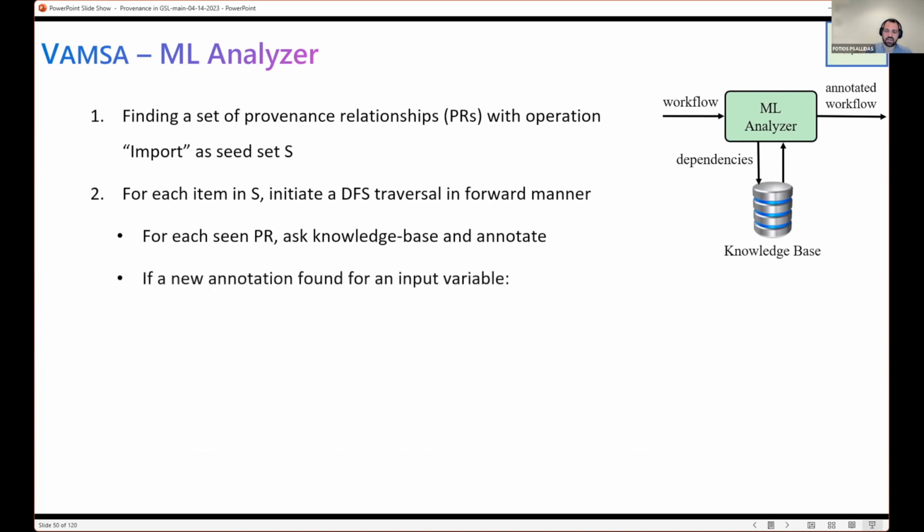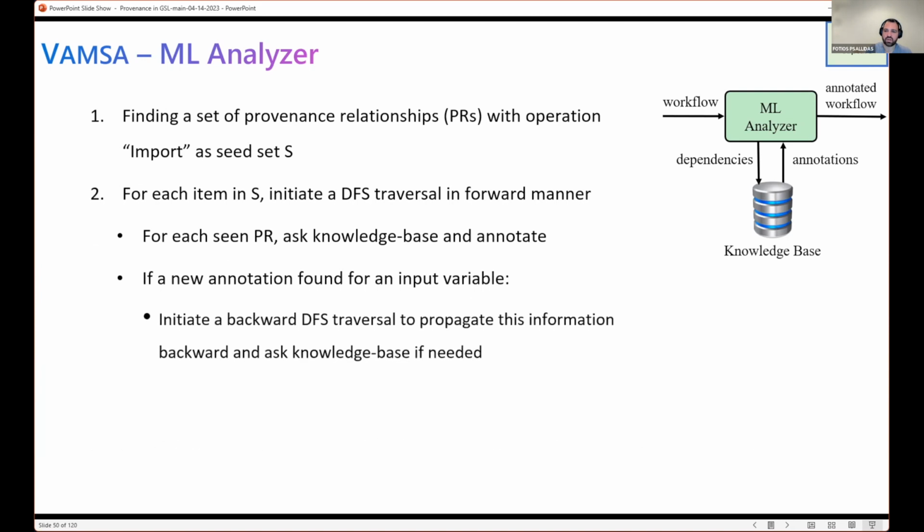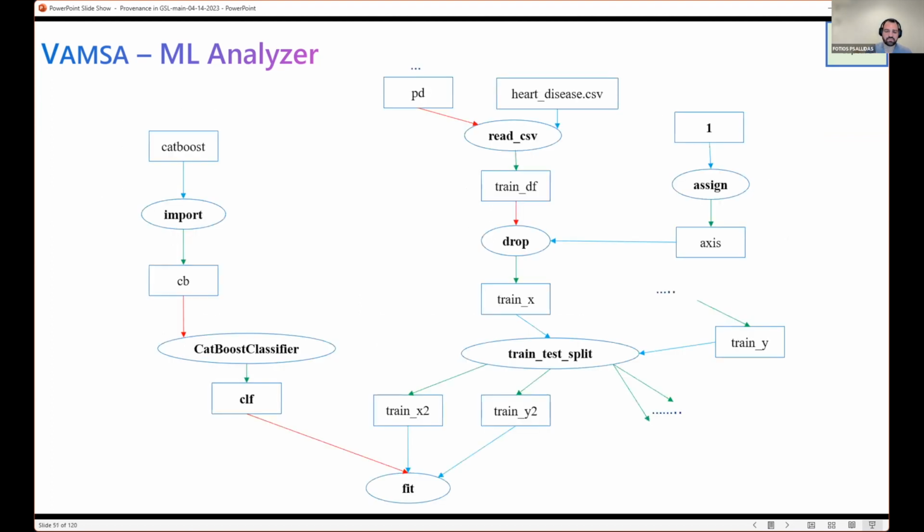Now, one last thing here is if we find an annotation for an input variable, then we need to start the backward traversal to propagate this information and ask the knowledge base as needed going backward. Now, I understand that this may be a little bit complicated, but let's see this in an example.